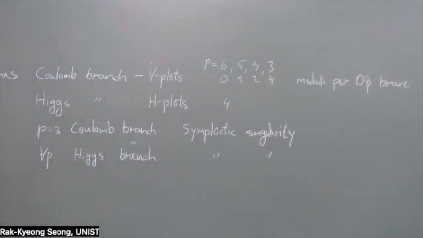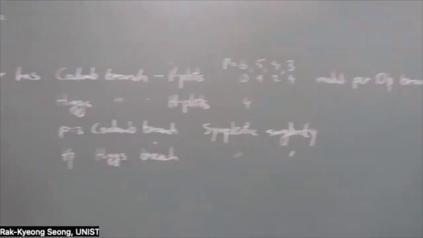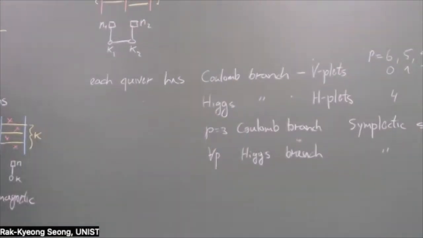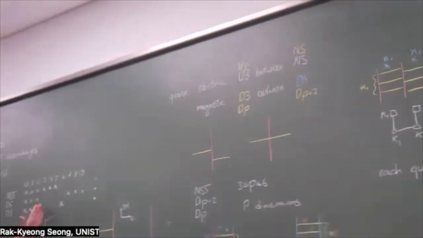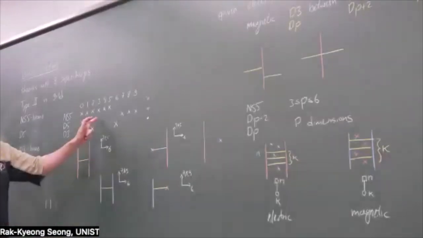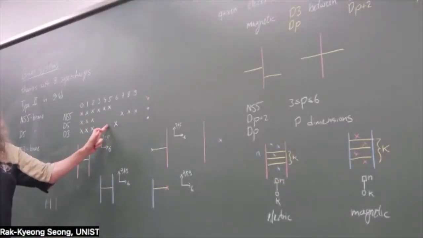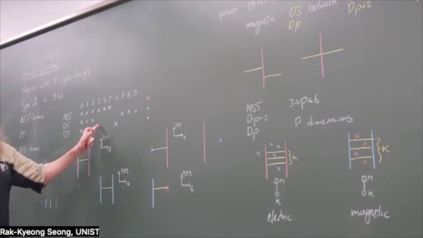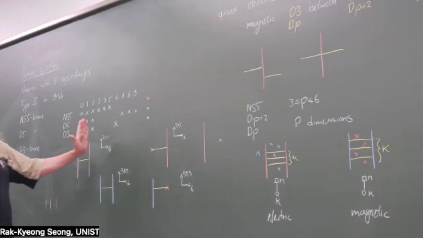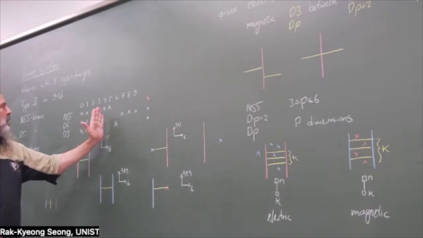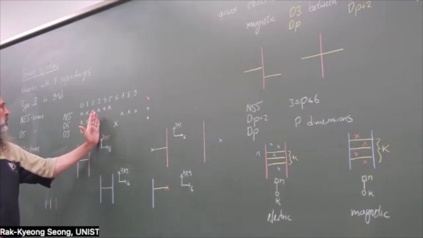So the symplectic singularity will be given, let's think about this. So if I change p, we said we fill along these directions, either 3 or 4 or 5. Right, so if I fill just in 3 and leave these, then this will be D4, D6.